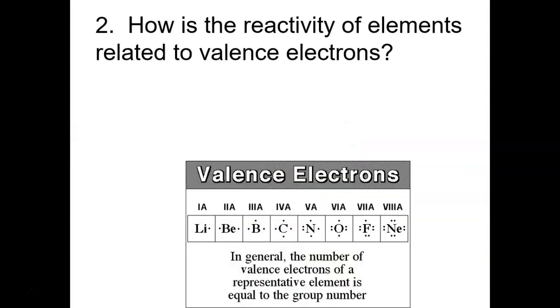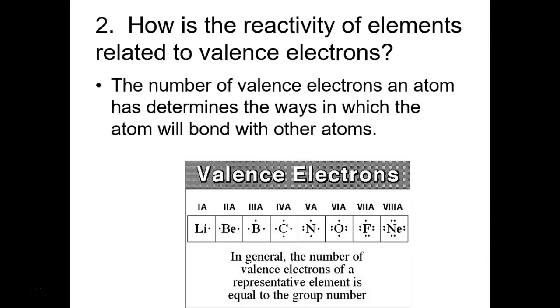Let's start to take a look at question number 2. How is the reactivity of elements related to valence electrons? All right, so the number of valence electrons that an atom has, in other words, the number of electrons that they have in that outer shell, in that outer level, that is what determines the ways in which the atom will bond with other atoms.